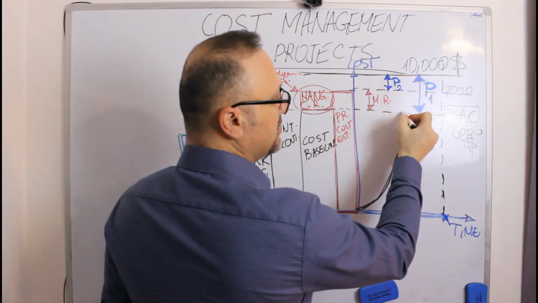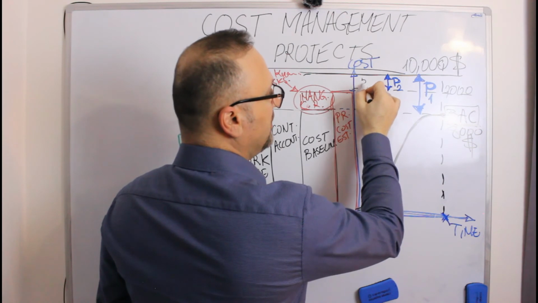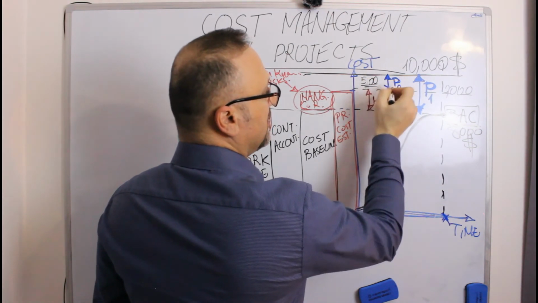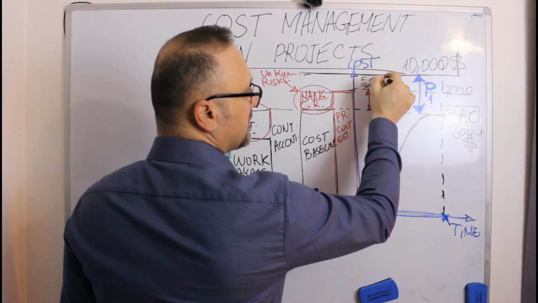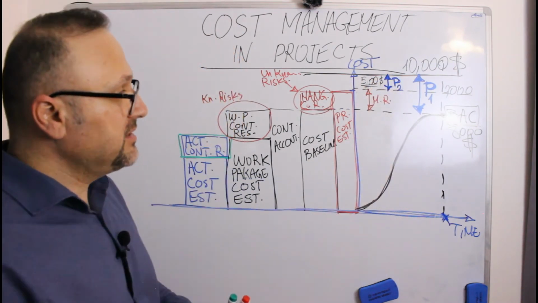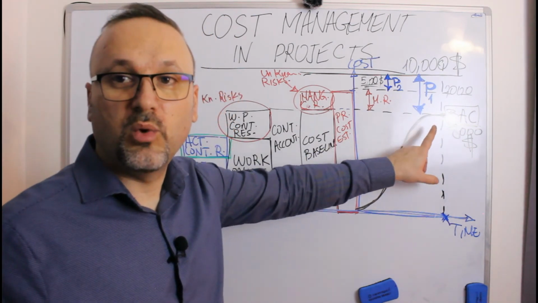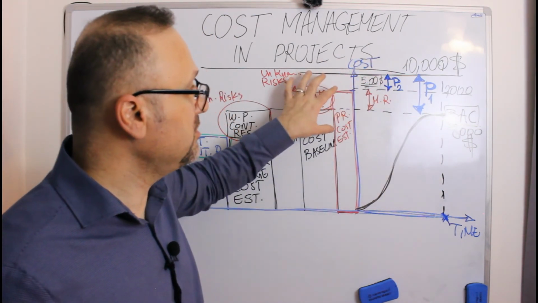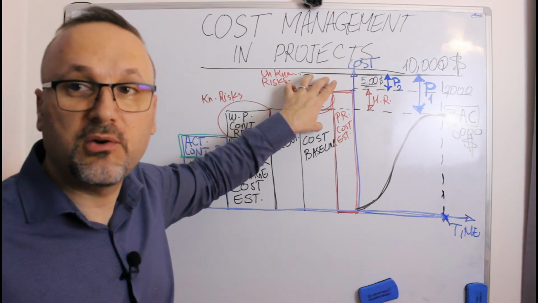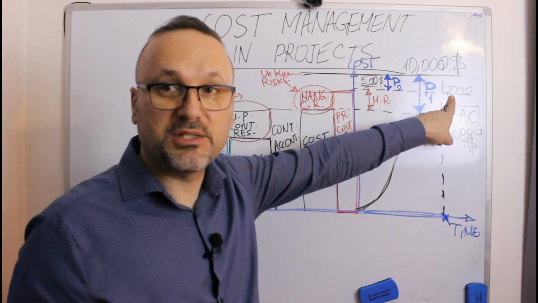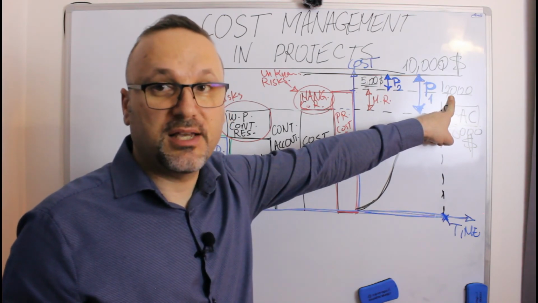If this is 1,500, that means P2 is only 500 US dollars. This means, in another way, management will consider that if no unknown risks occur, my profit will be 2,000 US dollars.